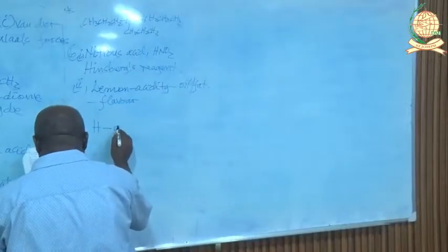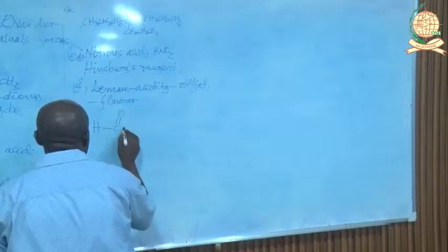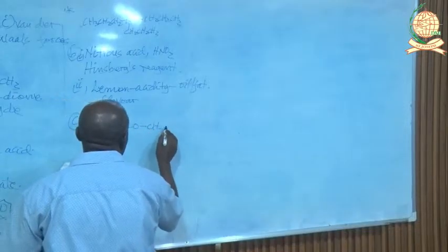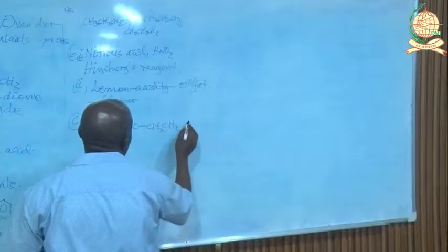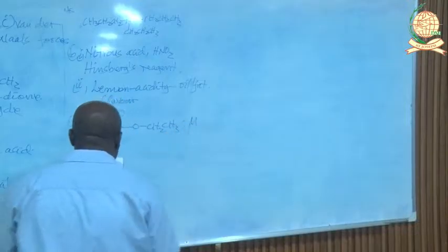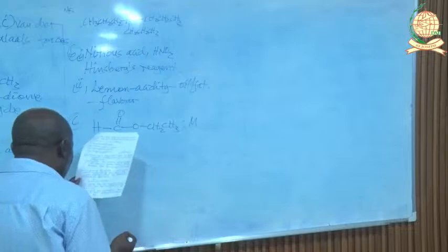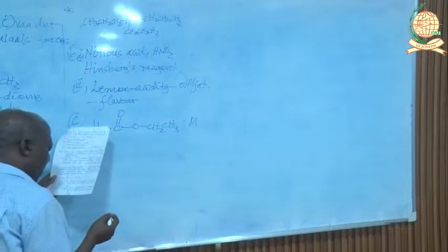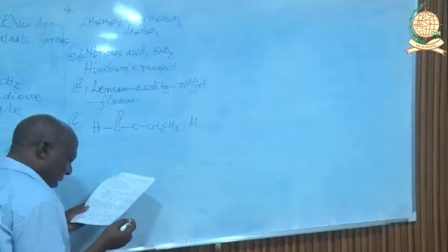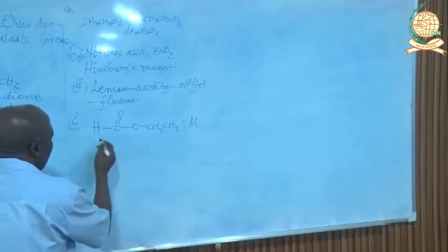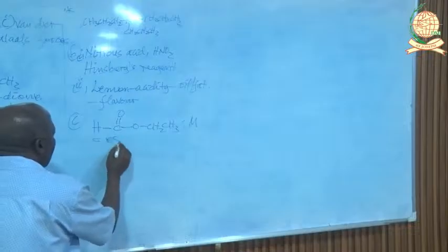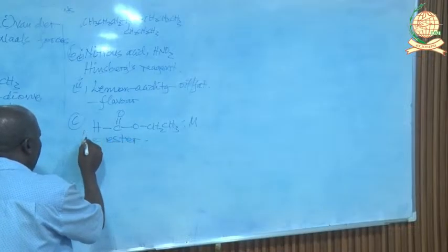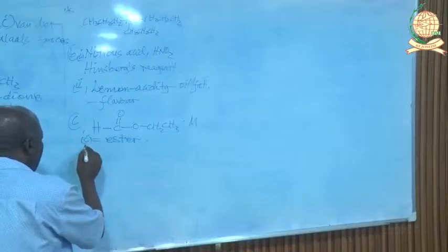Here is C, then double bond O, then C2, and CH3. So this is compound M. Now, Roman 1. To which class of organic compounds does compound M belong? So this is an ester. Roman 1 is an ester.